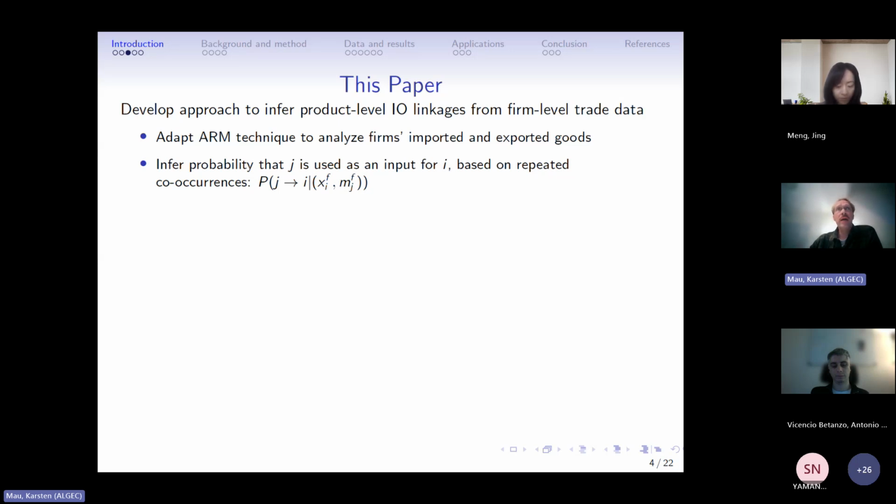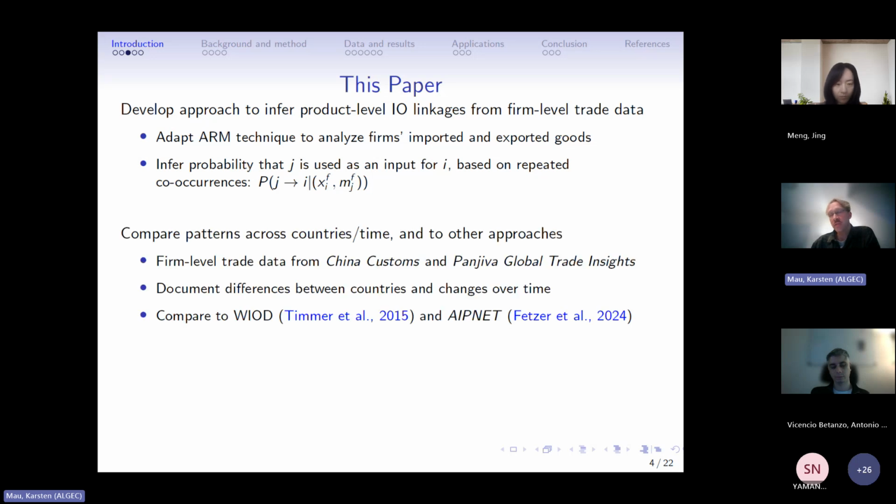We then apply the so-called ARM, association rule mining technique, to recognize systematic patterns in the import and export transactions, so that we can infer from these recurring patterns a systematic link between the imports, which we consider as inputs, and the exports, which we consider as outputs. That gives us a probabilistic measure or indicator of an input-output linkage. So it is based on inference, not on observation.